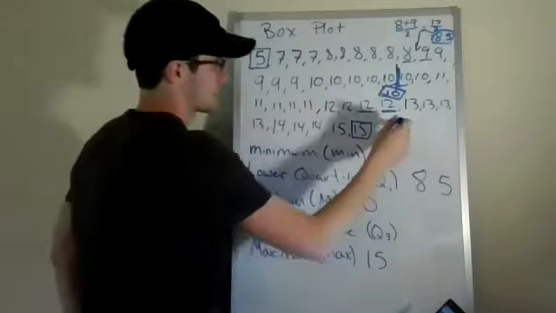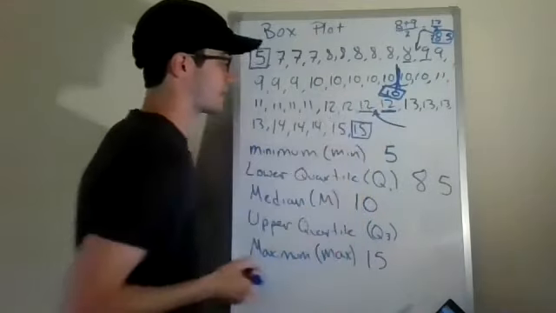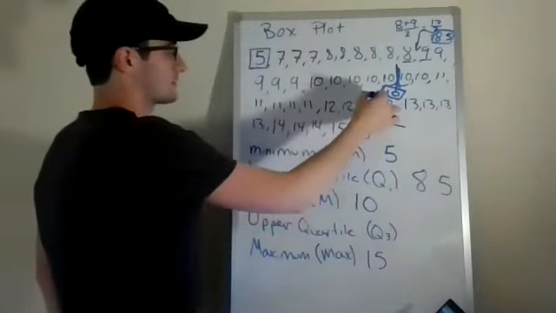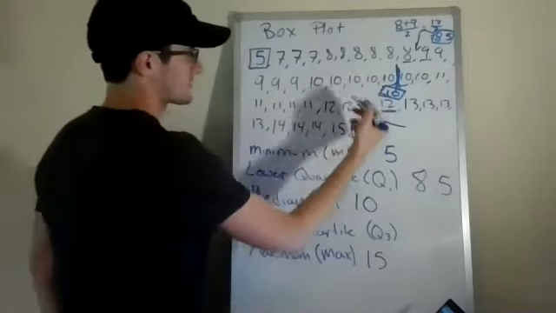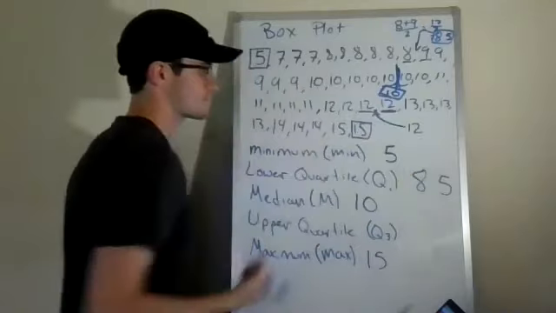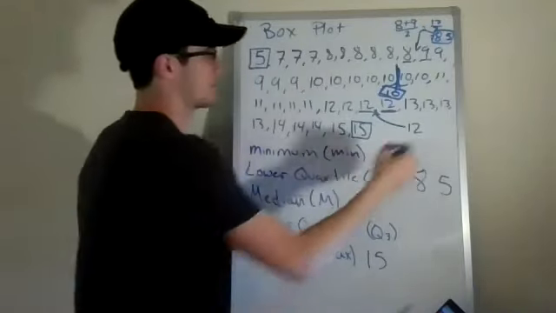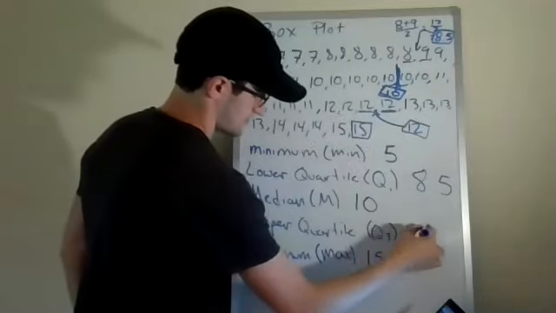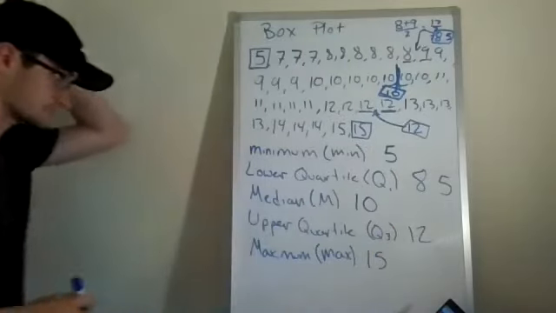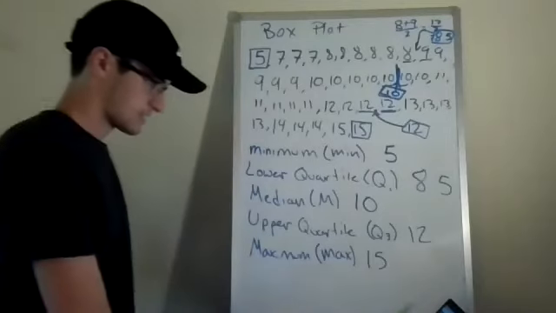Okay, so again, we have to find the number right there in between. We have to find that number in between the 12s. Just like the 10s, if it's two of the same number, it's just going to be that number. All right. So the upper quartile is 12. All right, it's a lot.